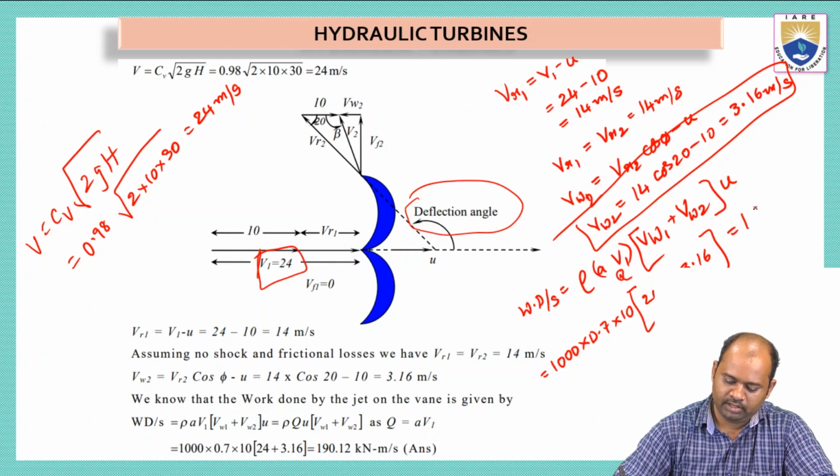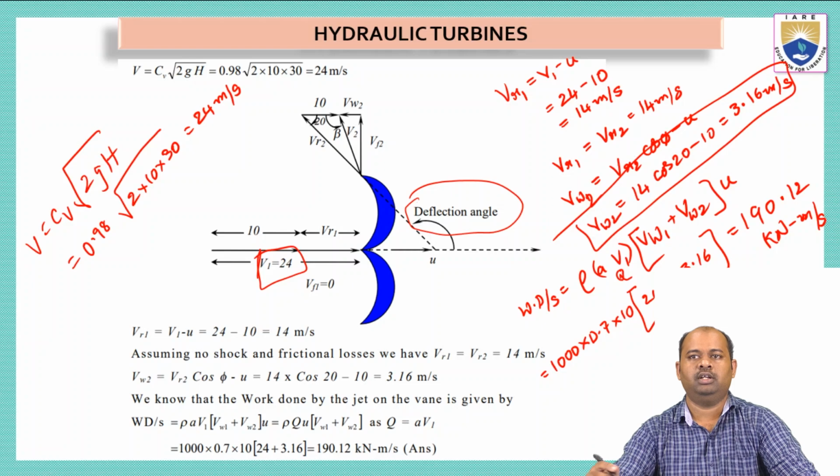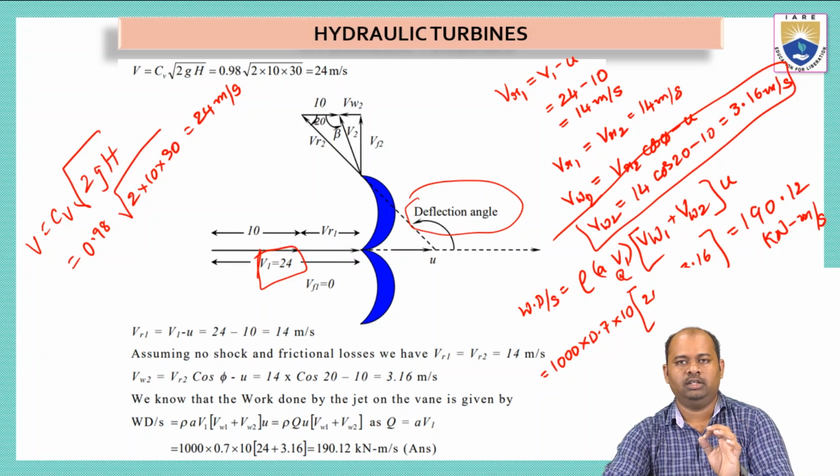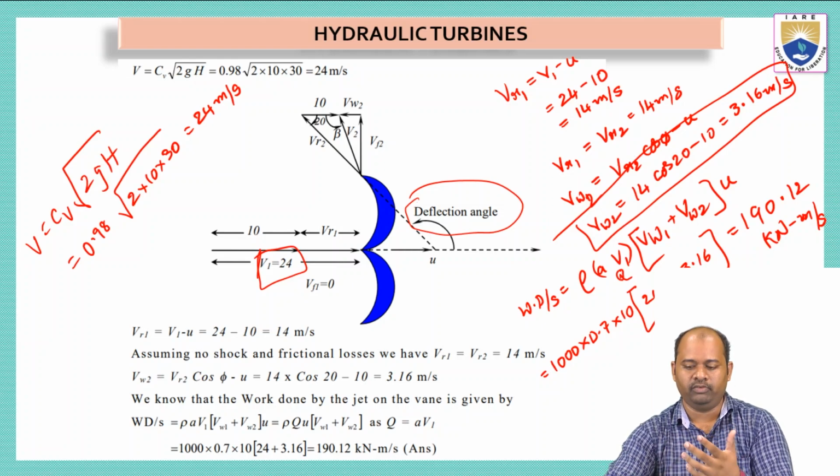So from this we can simply get 192.12 kilonewton meter per second. This is the work done by the water on the turbine per second.